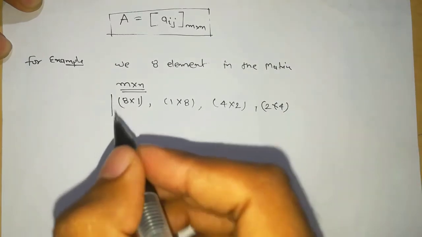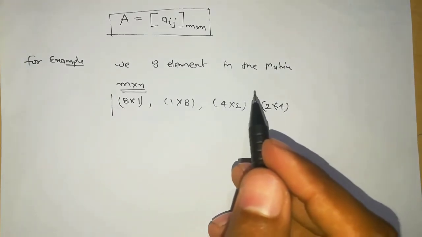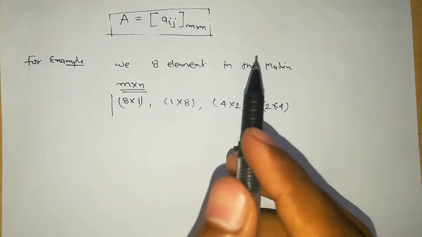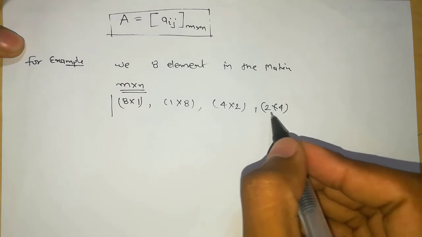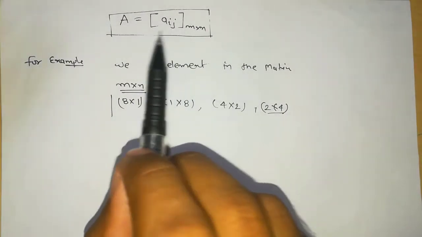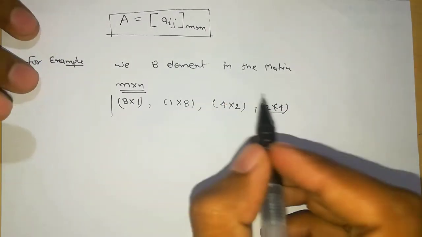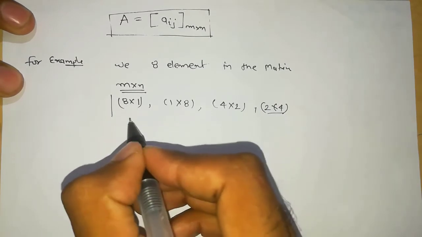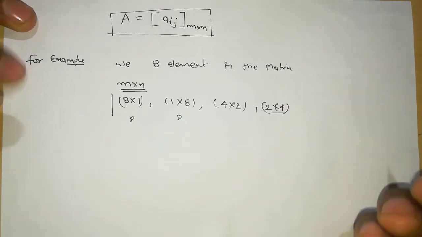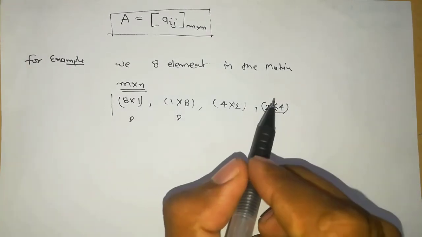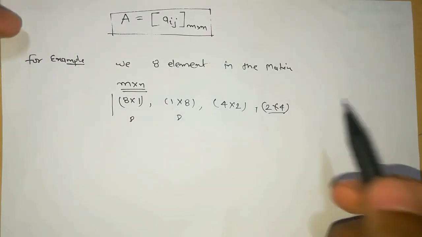So we have 4 types of representation of the matrix, where the number of elements is 8. We multiply: 8 times 1 is 8, 1 times 8 is 8, 4 times 2 is 8 and 2 times 4 is 8. So all these orders contain 8 elements in each matrix.